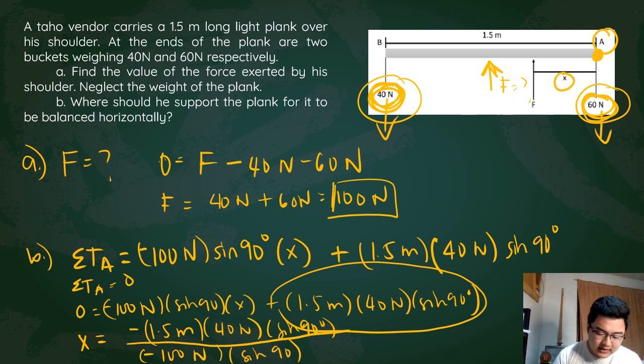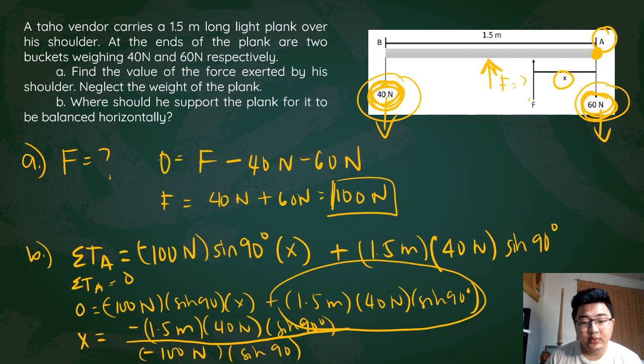Inputting that in our calculators, we have negative 1.5 times 40 times sine 90, divided by negative 100 times sine 90. That will give us a value of 0.6 meters.